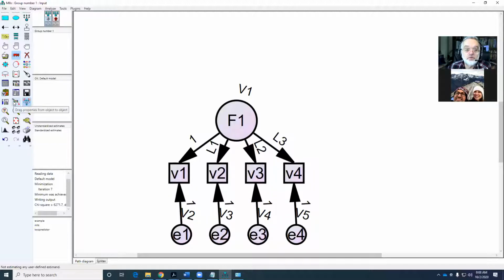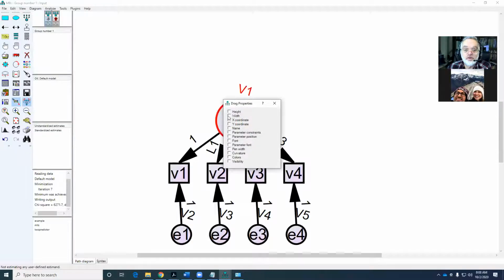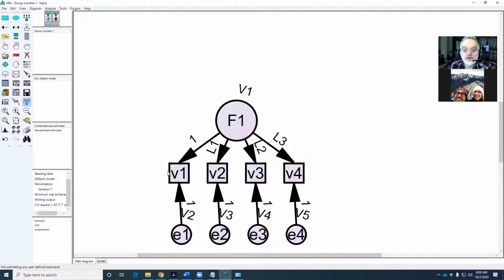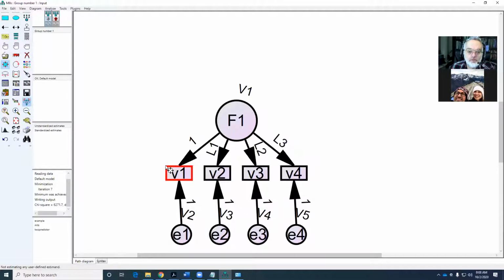So you can come into the drag object properties, and you can then select from any of the following properties and carry those forward. So for example, let's say that I don't like this square and I think it's too small. So I can come in and click the Shape of Objects button, and I can make that object a little bit bigger.